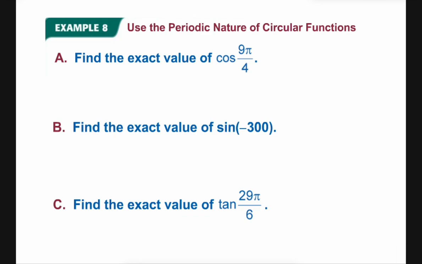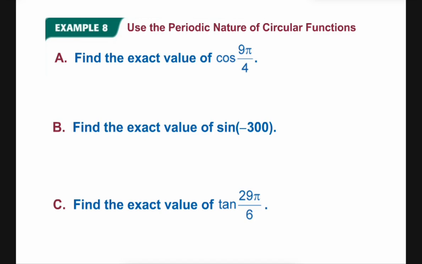Now, what they're trying to get at with example 8 is the fact that those values are not on the unit circle, but they can be. In lesson 7-2, I think, we talked about coterminal. How do we land in the same location? So if I can find where it lands, that's all I need.